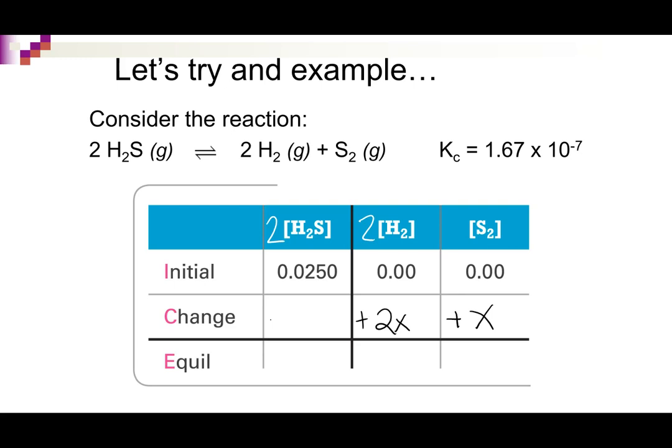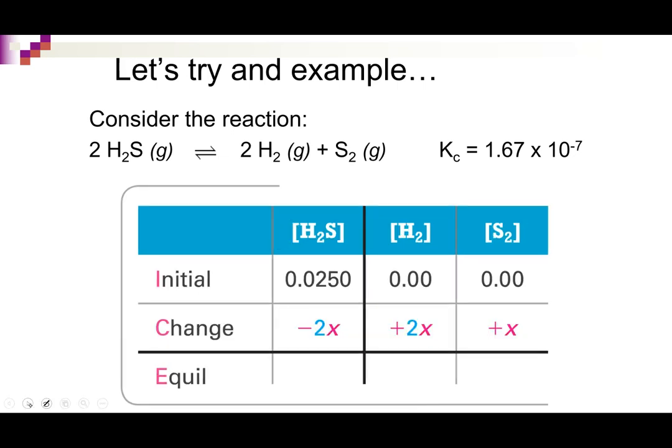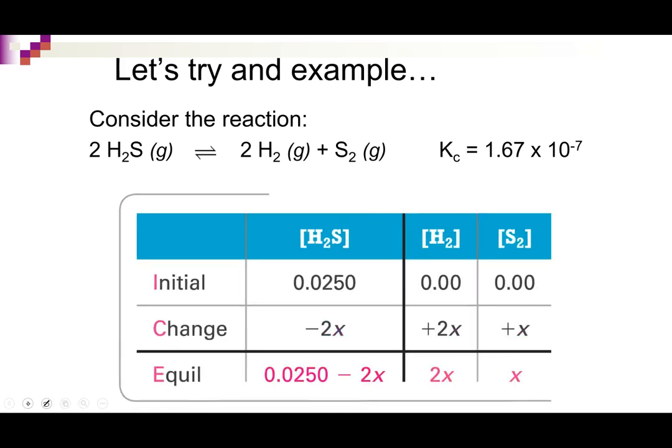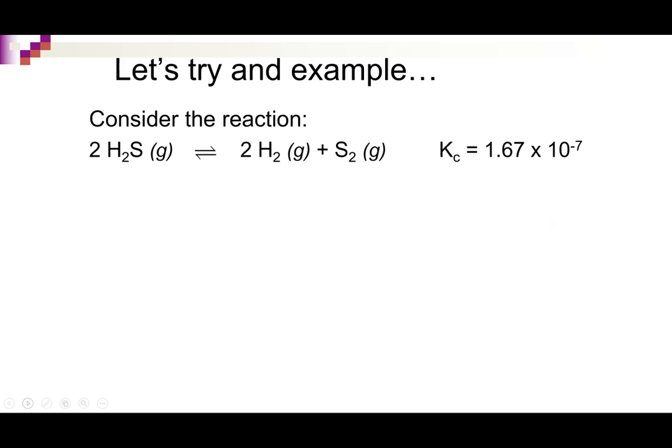And our reactant is going to go down by a factor of 2x. So at equilibrium, we'll have 0.025 minus 2x. What a mess. Then 2x and x.